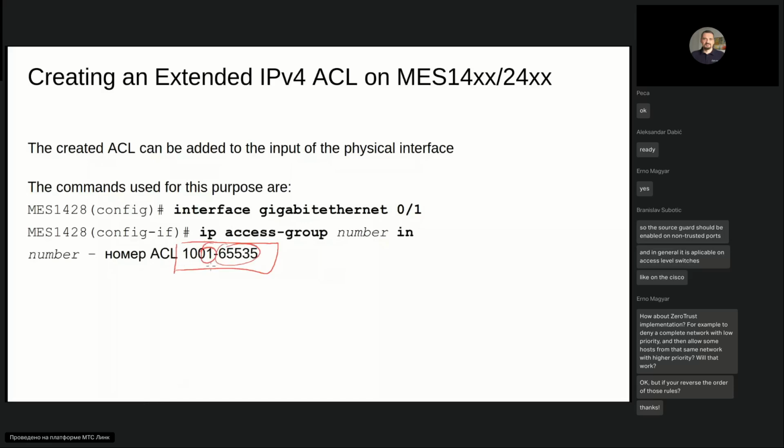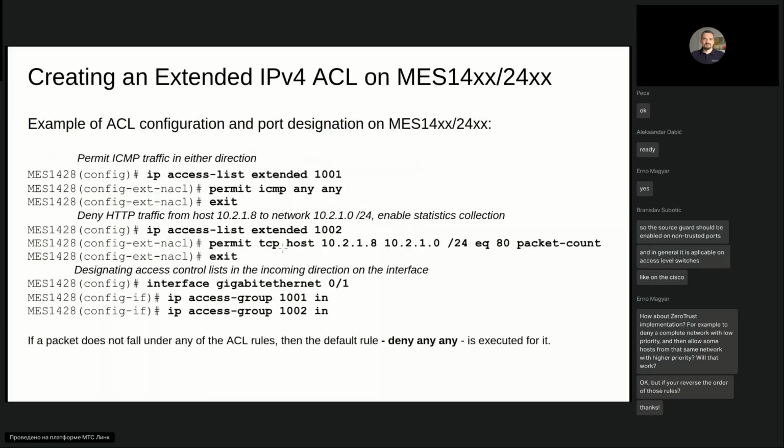Also, the extended ACLs are represented by the numbers from 1001 to 65535. But the number doesn't automatically make the ACL standard or extended. You should also write whether it is an extended or a standard ACL, and the application command is the IP access group, like in Cisco.